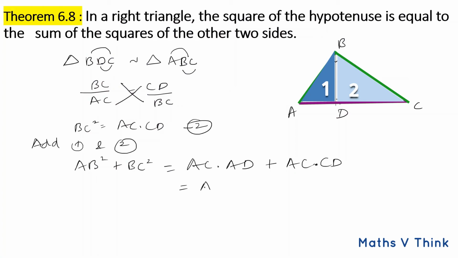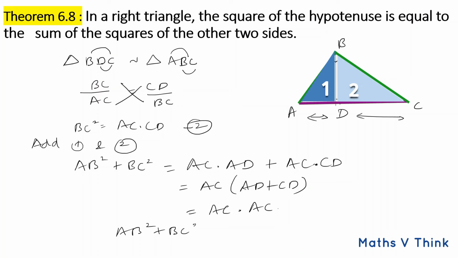So AC is common, which is equal to AC into AD plus CD, and AD plus CD is equal to AC. So AC into AC. So we got AB square plus BC square is equal to AC square. So we proved the Pythagoras theorem, hence proved.